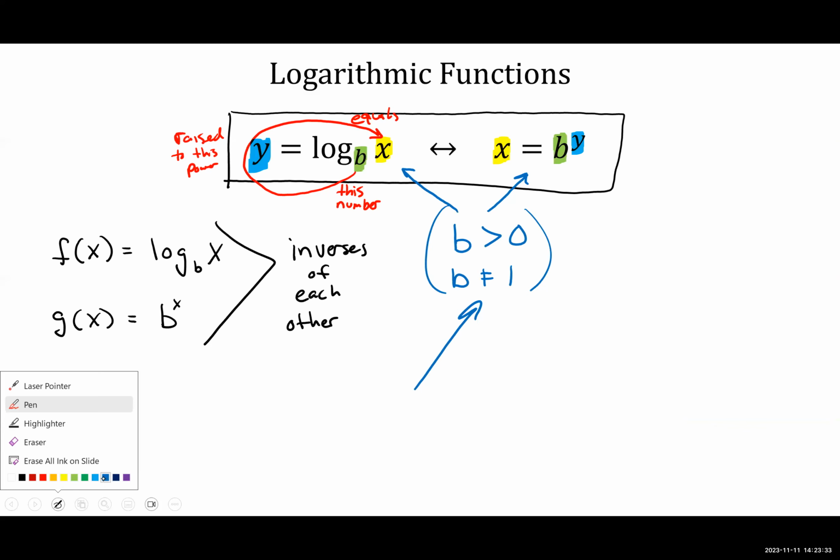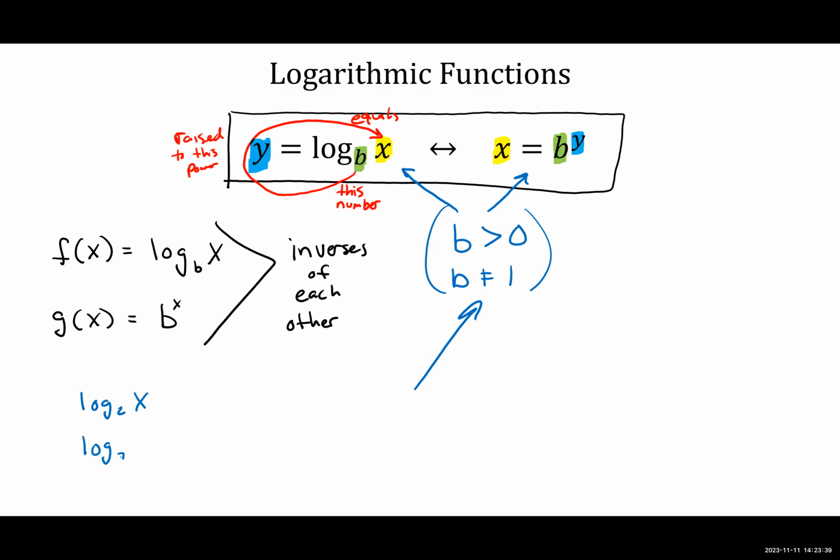So we could talk about the log base 2 of x. We could talk about the log base 7 of x. We could talk about the log base 6.14 of x, right? That base could be any positive number other than 1. But there's a couple of values that hold greater significance. So let me talk about those on the next slide.